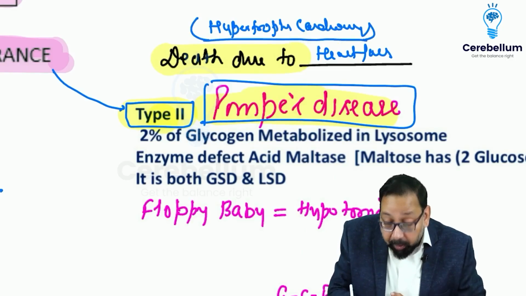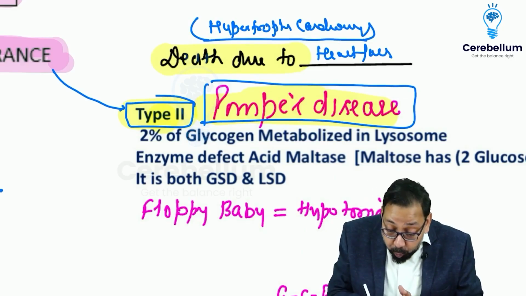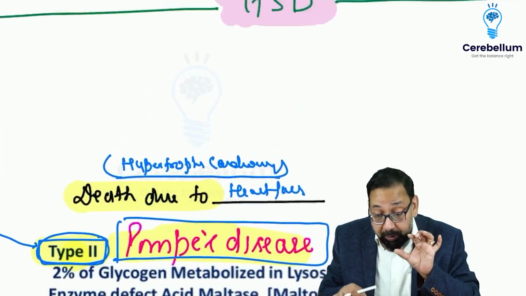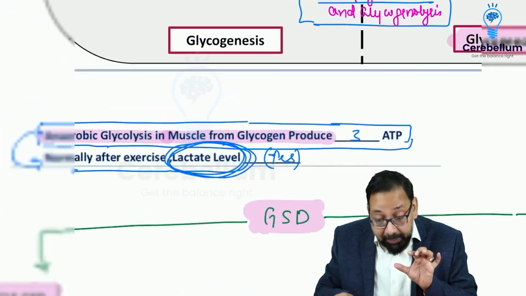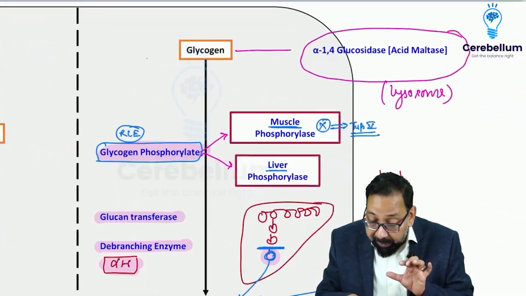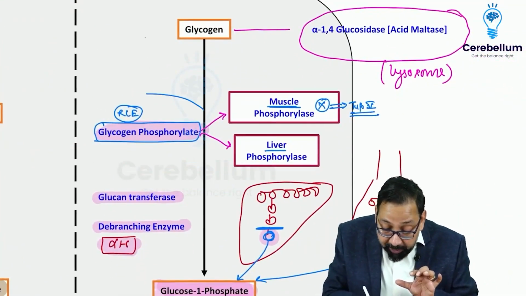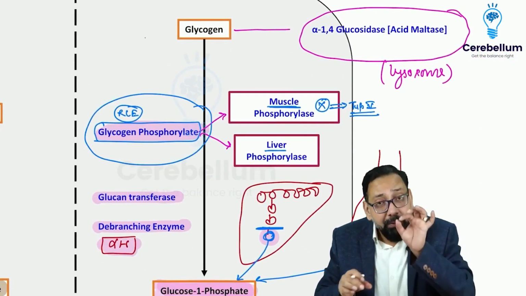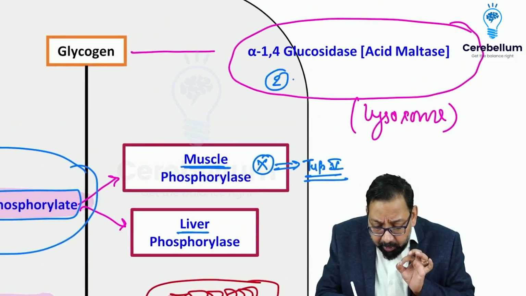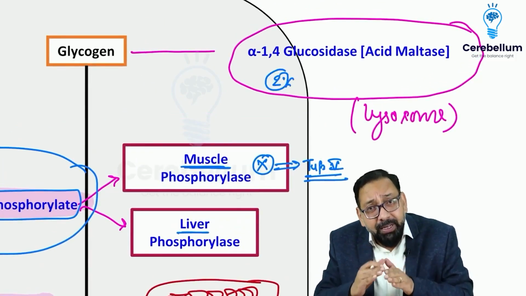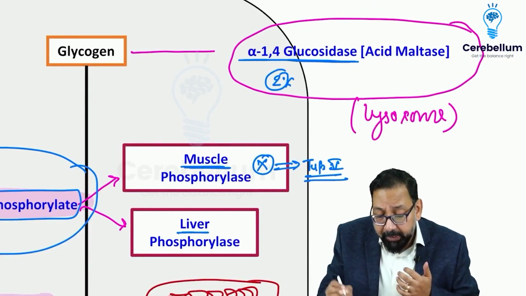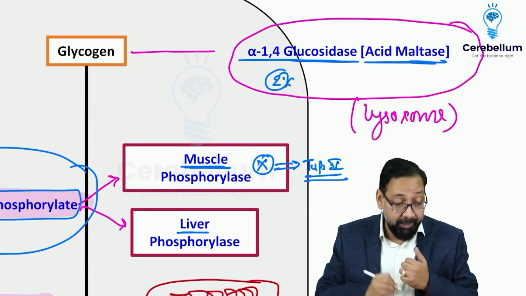Now we make a conceptual mnemonic. Type 2: we found that some amount of glycogen is metabolized in lysosome with the help of acid maltase. I told you that normally glycogen is degraded by glycogen phosphorylase, but a small amount, approximately 2% of glycogen, is degraded in lysosome by the enzyme alpha-1,4-glucosidase, or another name, acid maltase.